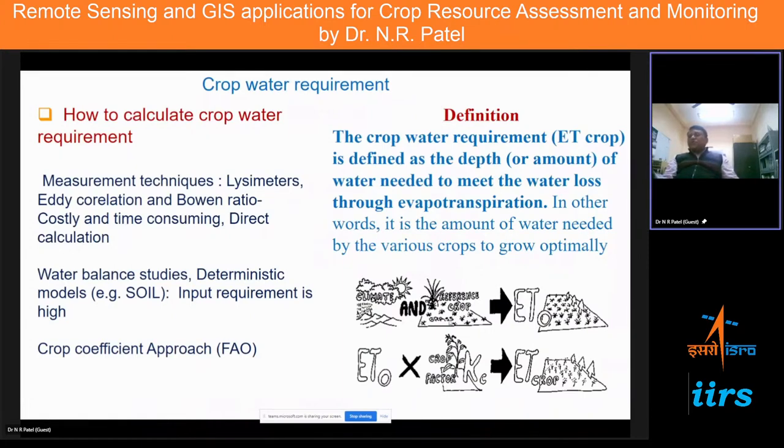But it is possible to make use of this approach with remote sensing. Potential evapotranspiration can nowadays be estimated from geostationary satellite data like INSAT-3DR, INSAT-3D VISR, Meteosat SEVIRI, and many foreign geostationary satellites. You can make a daily potential evapotranspiration map or reference evapotranspiration map.